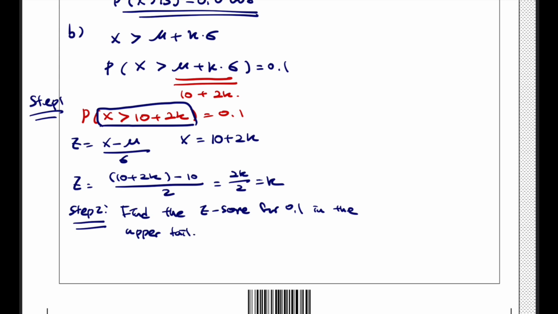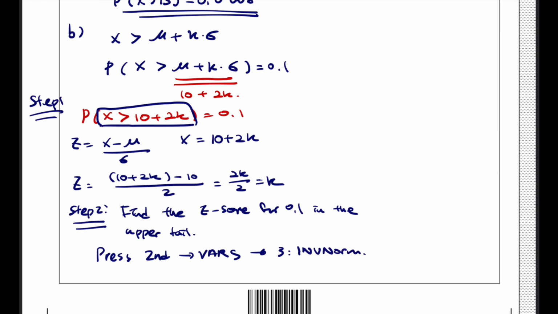In order to identify the corresponding z-score, we're going to press second, vars, to open the distribution menu, and then select 3, inverse norm.